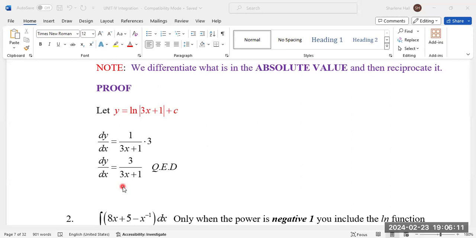I'll catch up. Tell me why it is that you're not seeing it. What are you not seeing? You have to reciprocate, and then you have to differentiate inside the ln. Once I see more examples, I'll probably catch on.